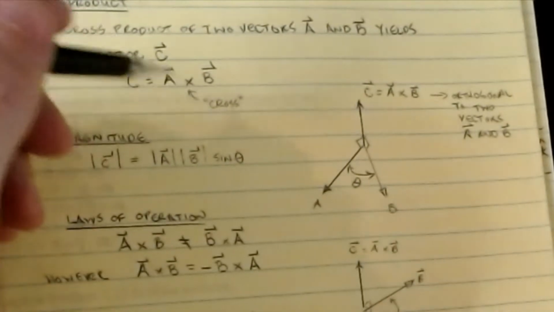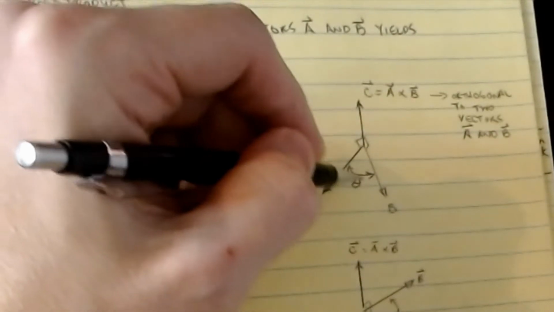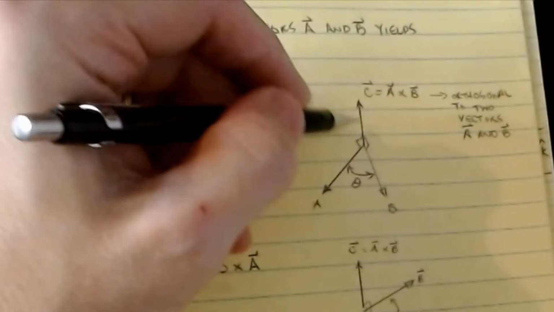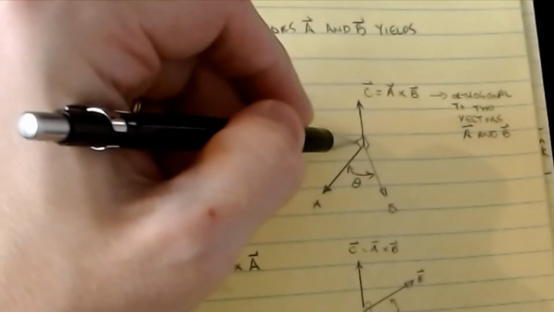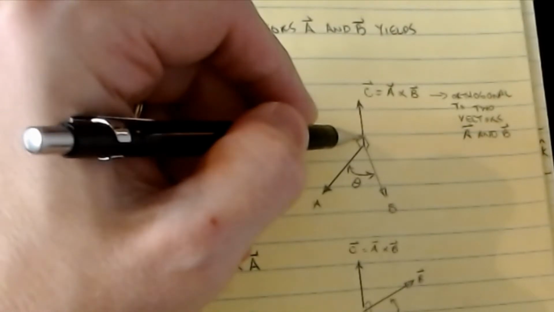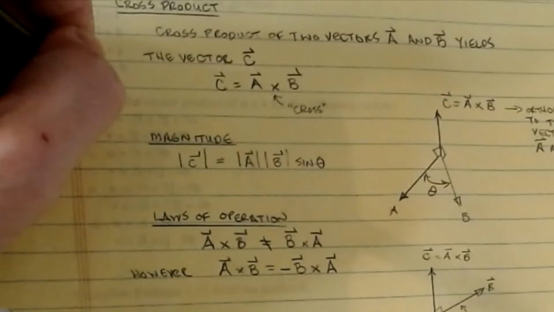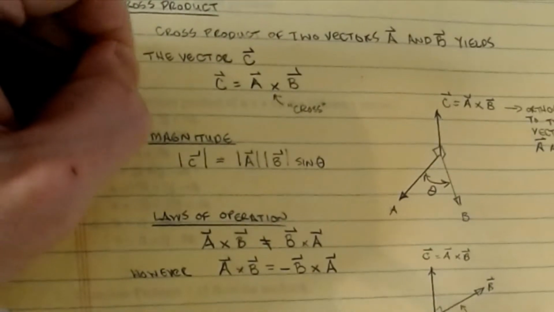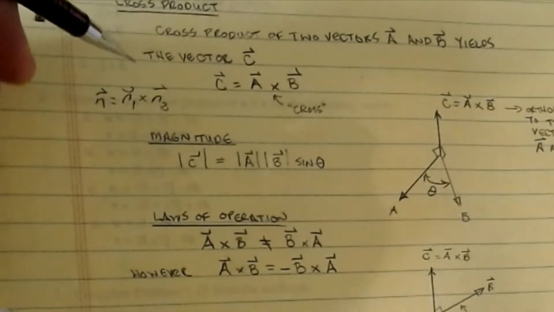What it symbolizes is, if I have a vector A and a vector B and the angle theta between them, the C vector that comes out of a cross product operation on this is perpendicular to both A and B. If you remember back in calculus, they would do an n vector equal to n1 vector cross into n2 vector to define the equation of a plane.